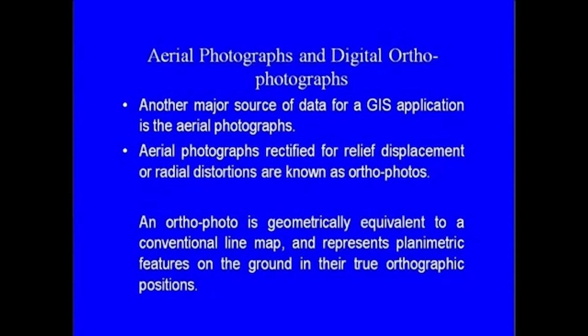The next data source could be aerial photographs and digital orthophotographs. Well, this is another major source of data for GIS applications. Aerial photographs rectified for relief displacement or radial distortions are also known as orthophotographs. An orthophotograph is geometrically equivalent to a conventional line map and represents planimetric features on the ground in their true orthographic positions.